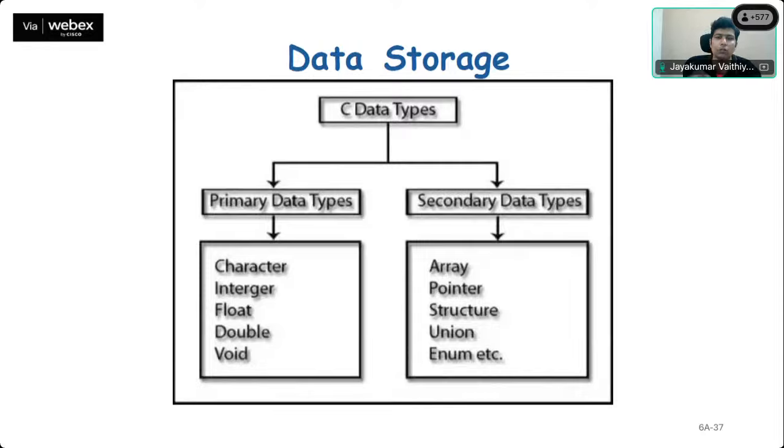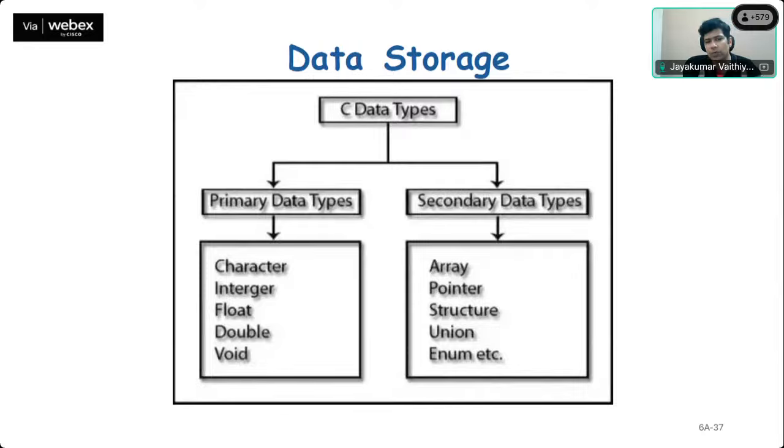Okay, so if you want to use multiple data types in a short memory space, then you can go for union. Suppose you want to store specified data, only 1 bit, but you need to represent 7 different types of variable, then you can go for enum. Okay. Likewise, there are so many different data types available in C. So according to your purpose, you need to select the data type like a tool.